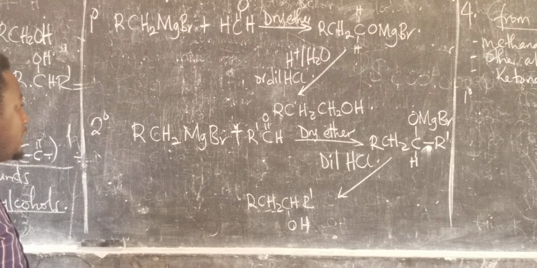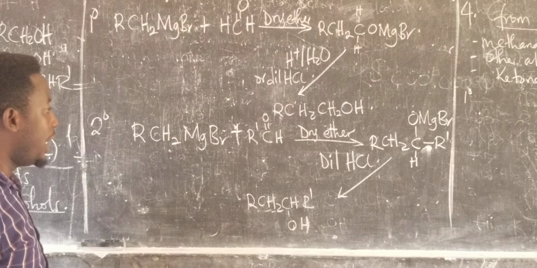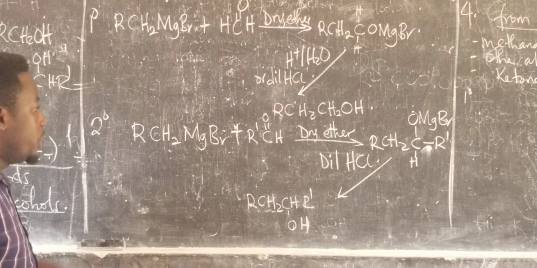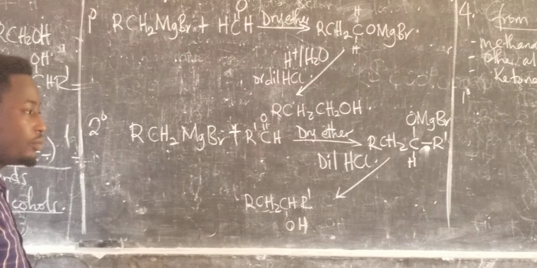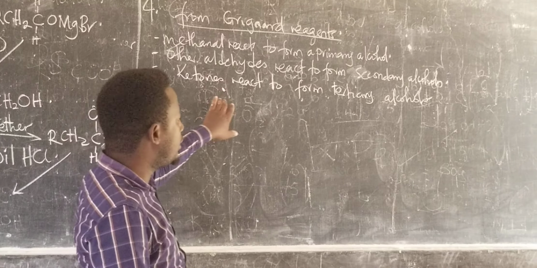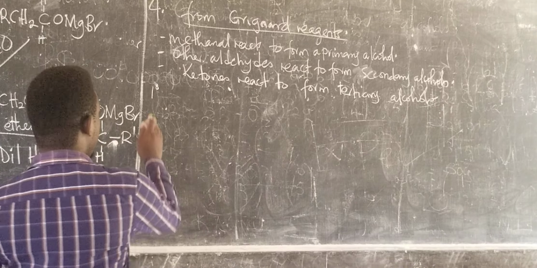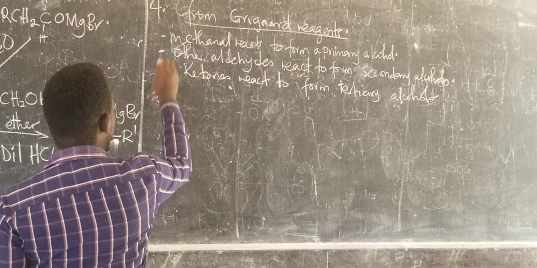Let's look at the tertiary alcohol. If we want to form a tertiary alcohol from this Grignard reagent, what do we use? Here, you must use a ketone. Ketones react to form tertiary alcohol.